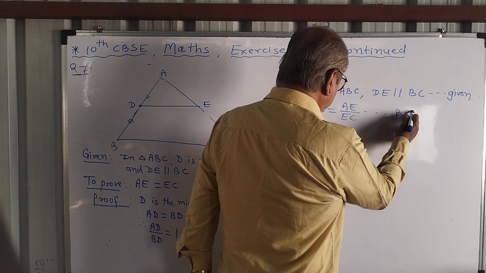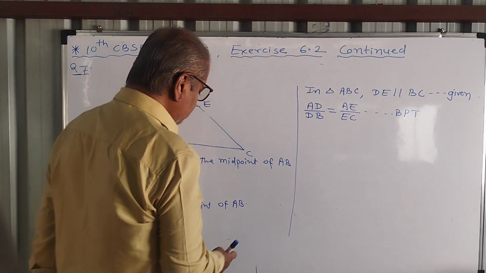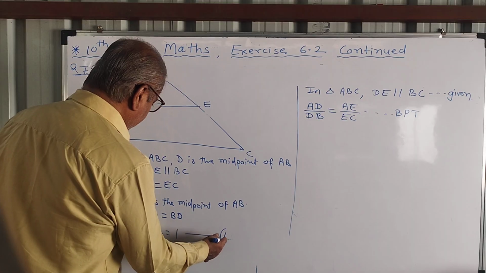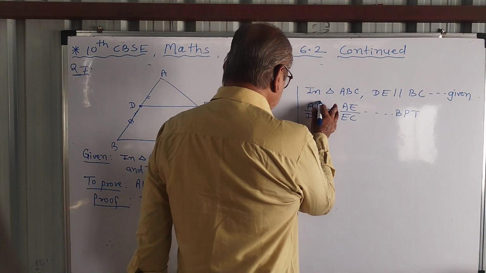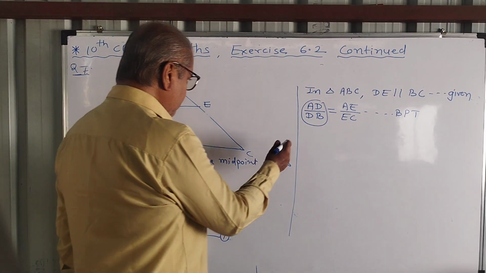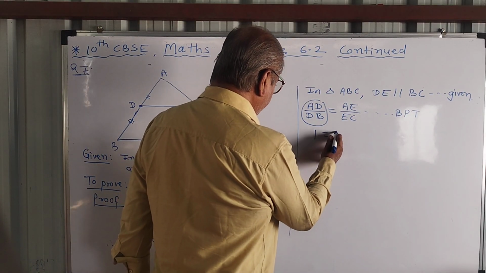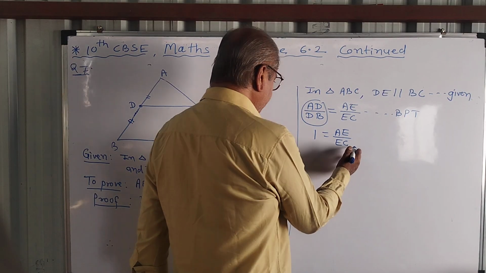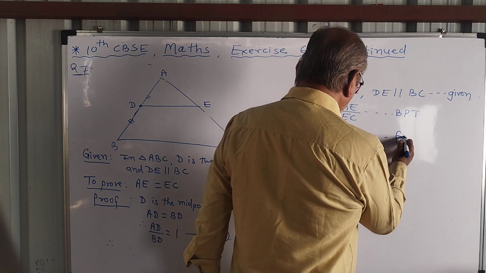This is by BPT. Now see, AD upon DB we have found here. Let it be number 1. So this AD upon BD I can replace by 1. So 1 is equal to AE upon EC. This is from 1.